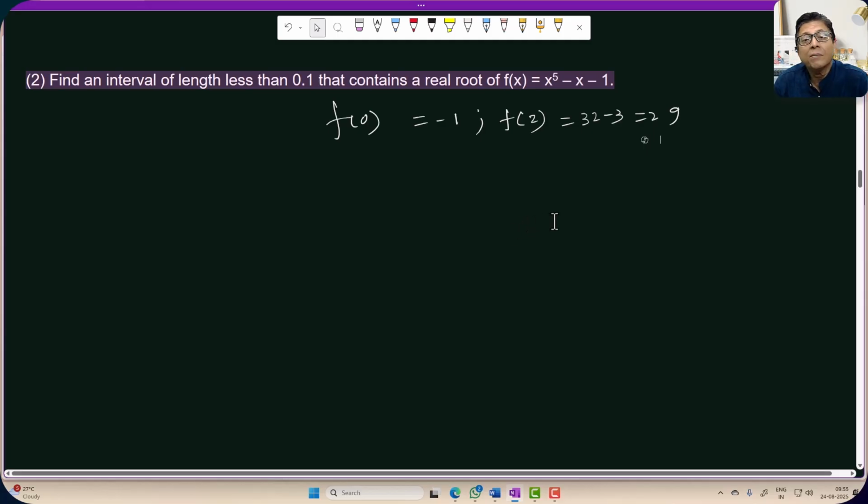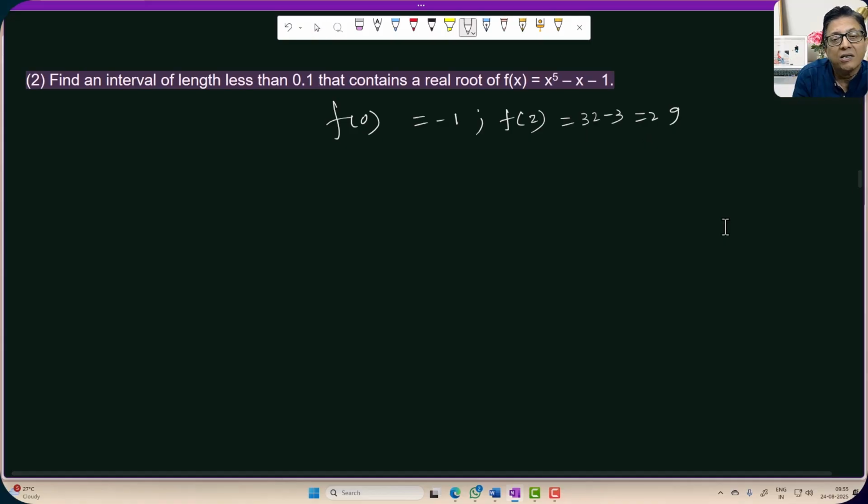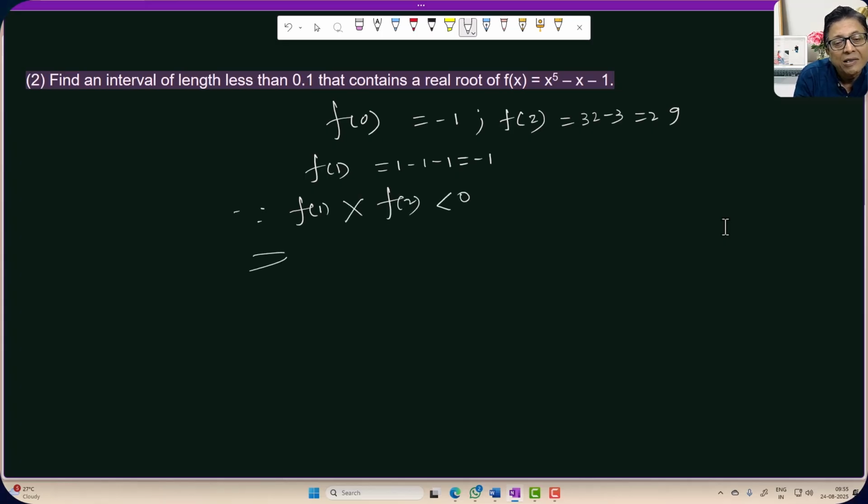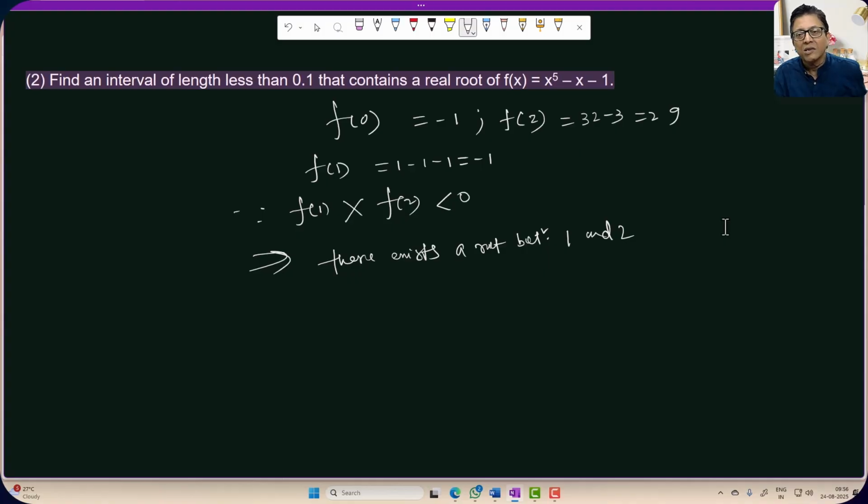As they have asked to find an interval of length 0.1, this difference is too large. Let me take f(1) also. f(1) is -1. Since f(1) into f(2) is less than 0, this implies there exists a root between 1 and 2.